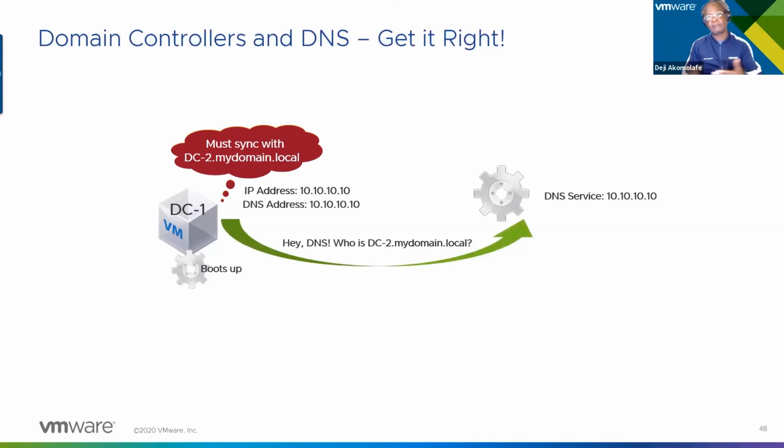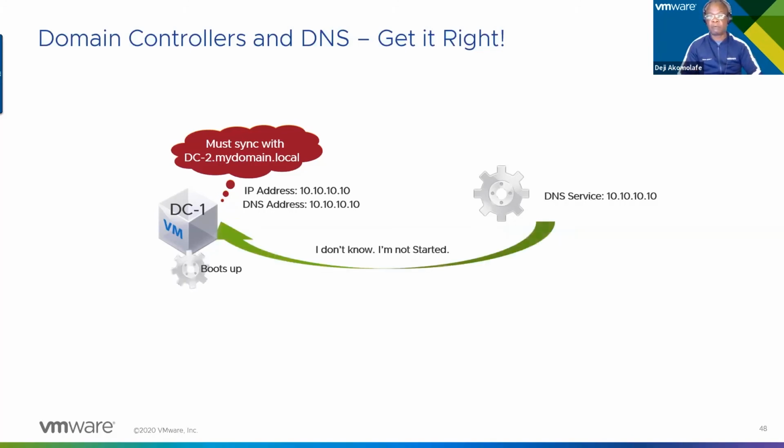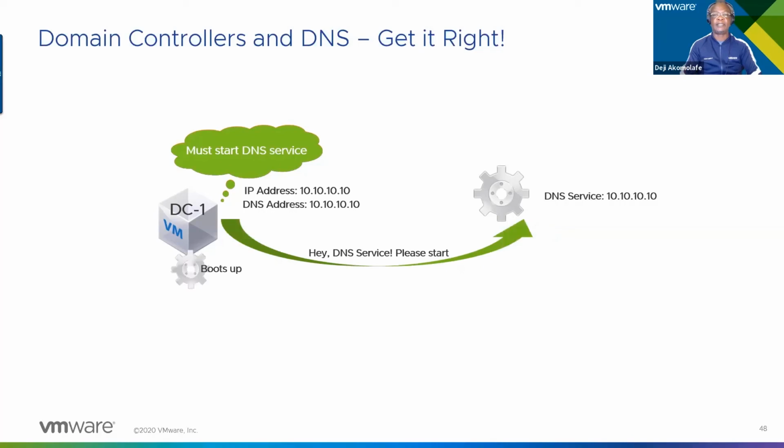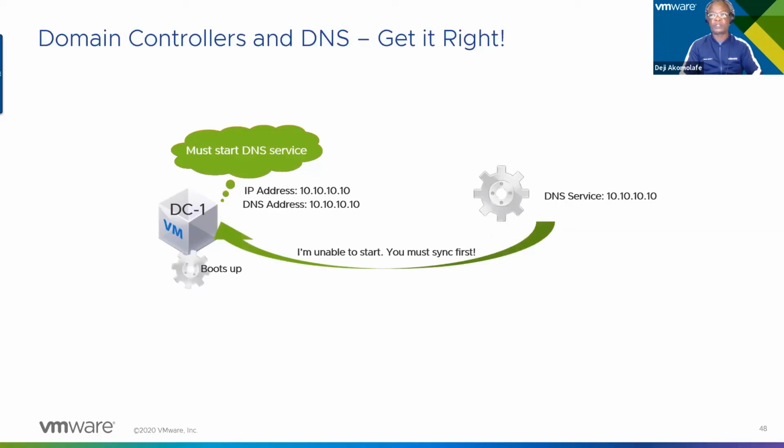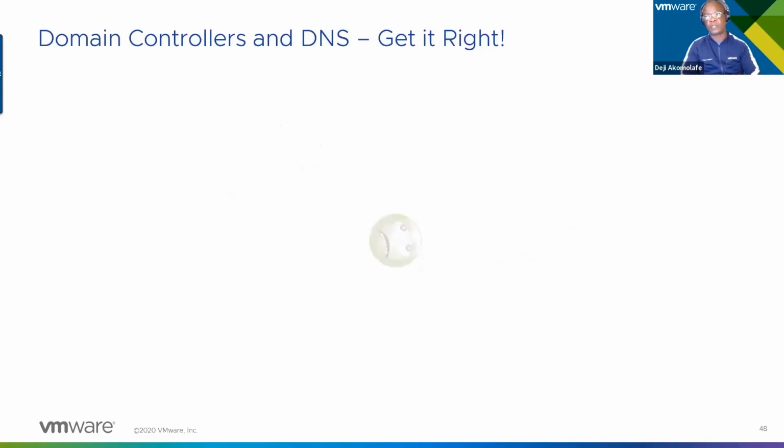DNS, please give me DC2. DNS service comes back and says, yeah, you need to start me first. Okay, please start. And DNS server says, oh, I can't start because you need to sync first. DNS service is not able to start, and AD is not able to initialize.